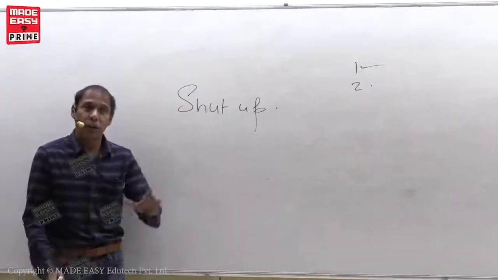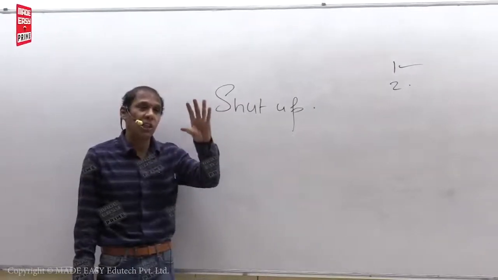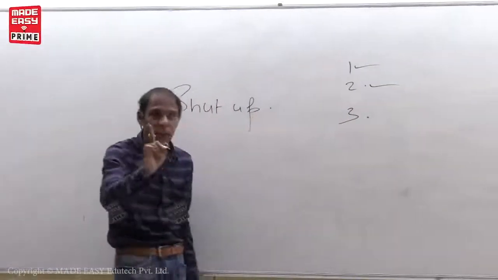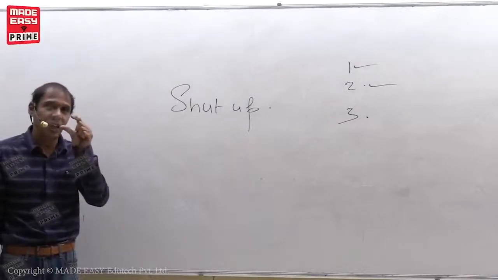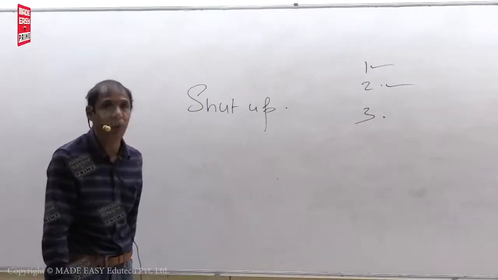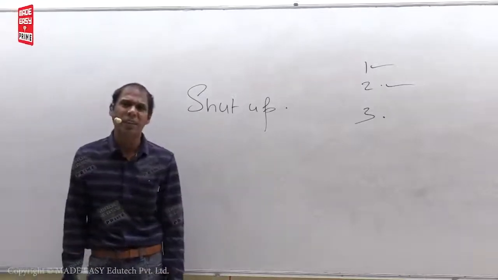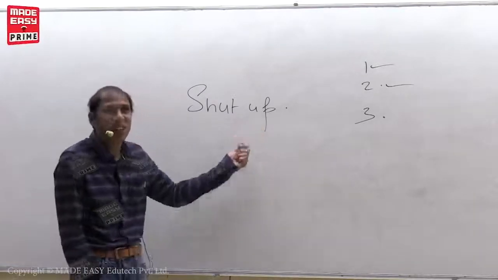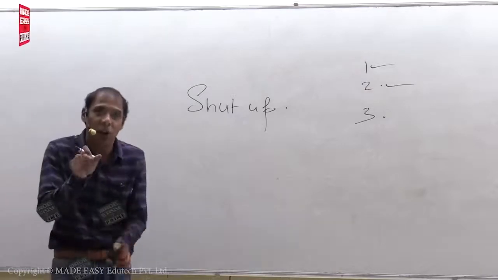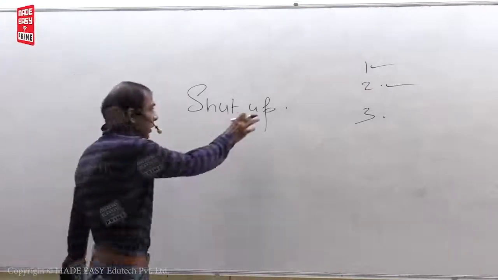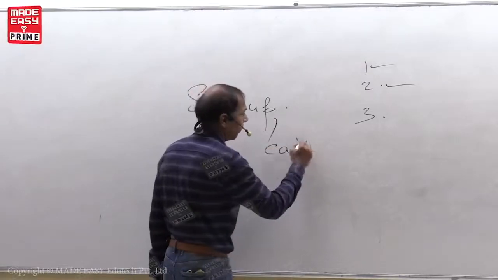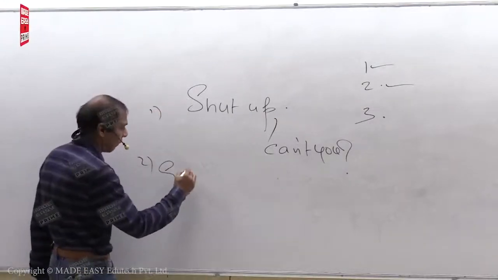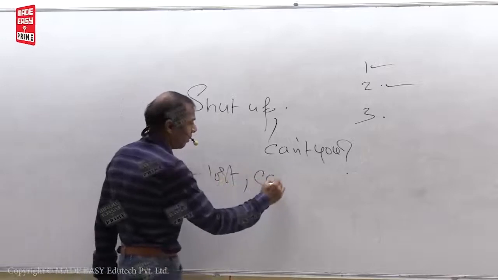Rule number two, sentence begins with V1. Shut, shut, shut. Sentence is with V1. Rule number two, satisfied. If you go to the third rule, that sentence expresses only command, that does not give the expression of request. For example, see, I can say shut up, but I cannot say it as a request. We cannot give the expression of request here, right? So, if the third rule is expressing only command, these imperatives take can't you. Similarly, see, get lost. Can't you?